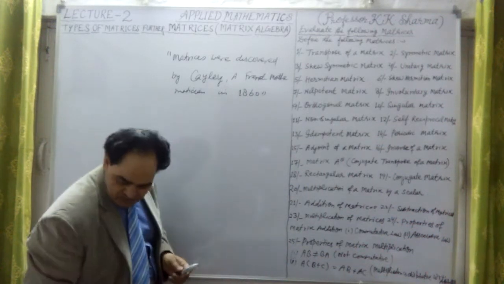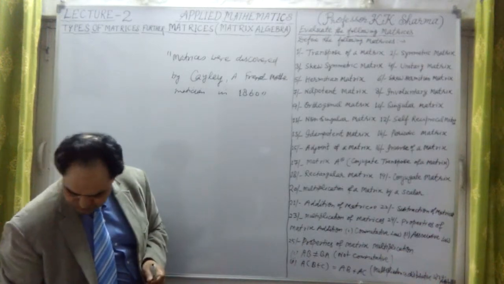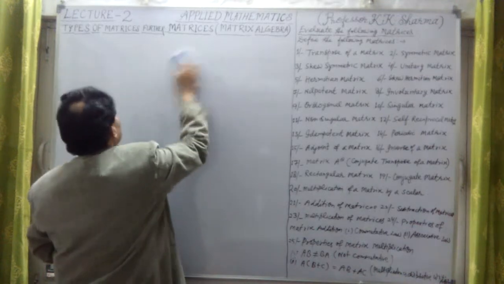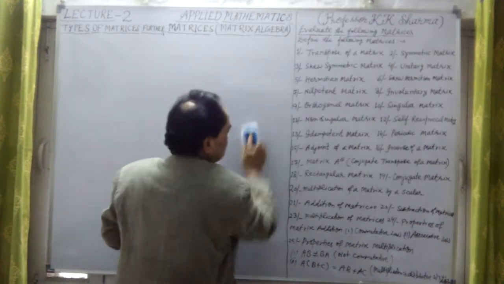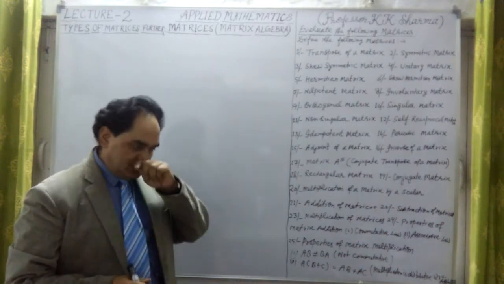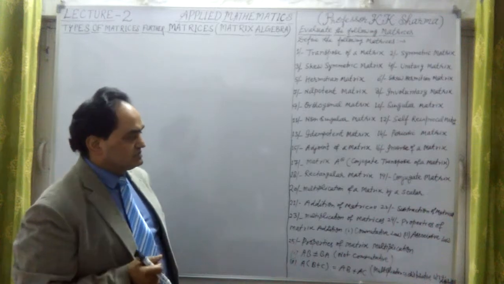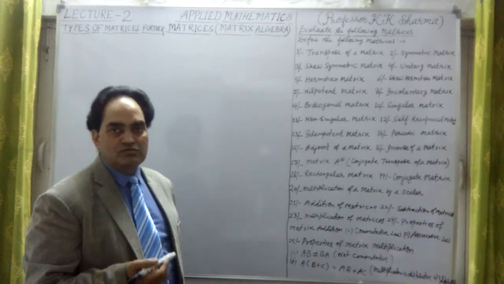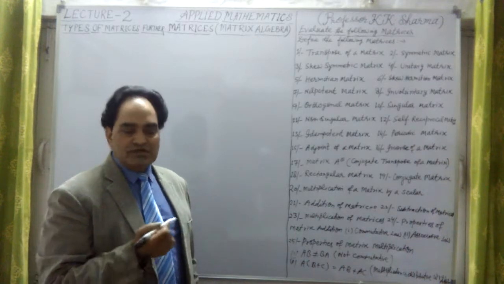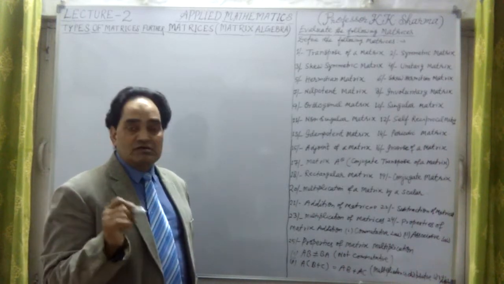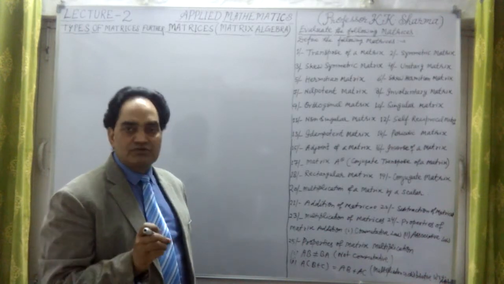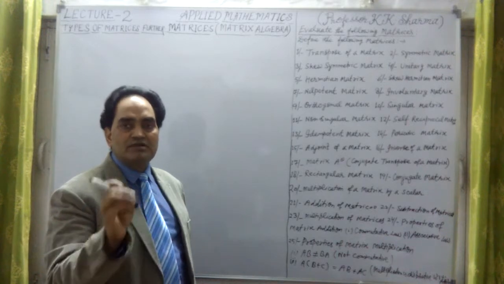Now let me take the further types of matrices. In the first lecture series, I discussed the role of matrices in daily life and in management life. For managers, what is the importance of this? What is the role of matrices in the business decision making process? In today's world, it is a compact form for the quantitative analysis of management decision making.